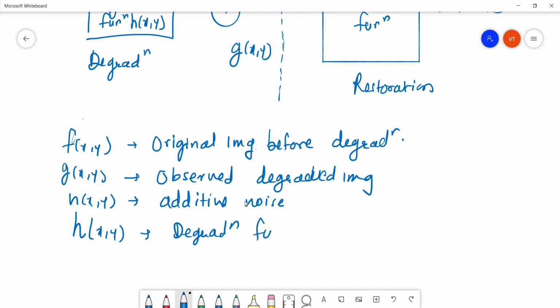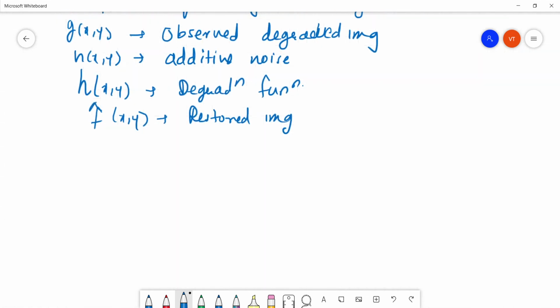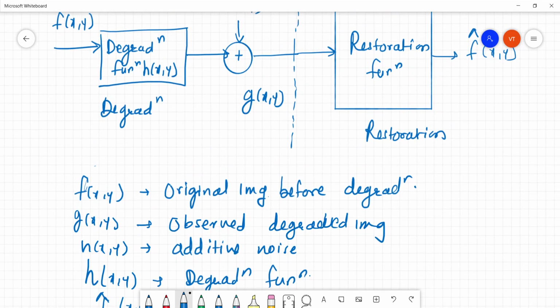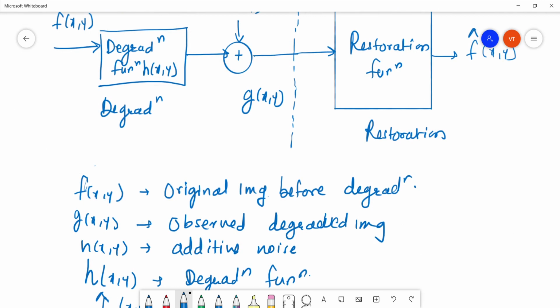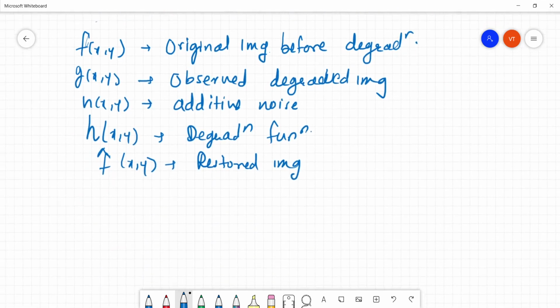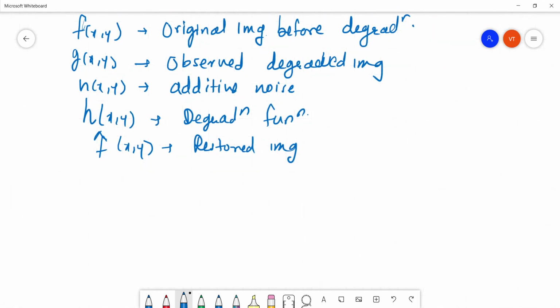And f cap is the restored image. So the figure is divided into two parts, the degradation block and the restoration block.